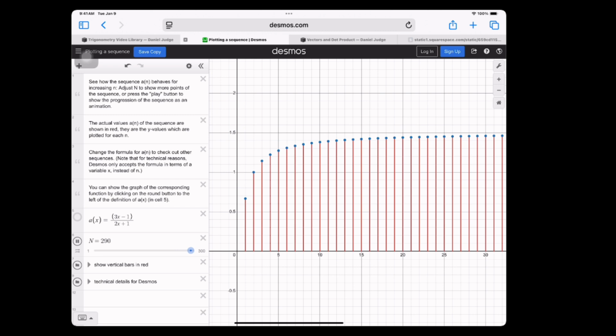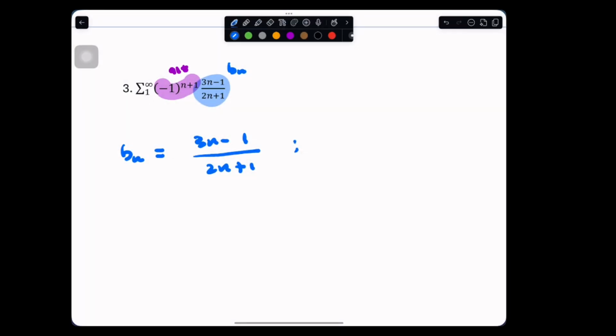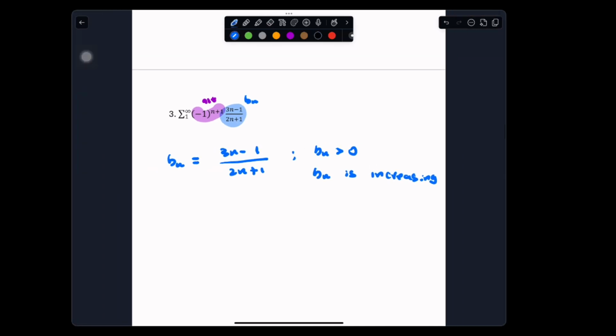The terms are positive, ladies and gentlemen. But what's the problem here? It's increasing, isn't it? So you might say, Mr. Judge, Bn is positive, but Bn is what? Increasing.